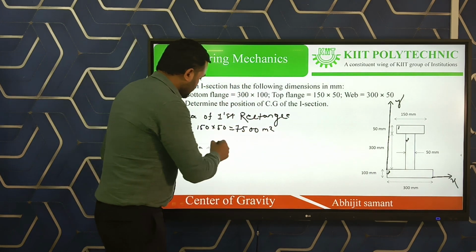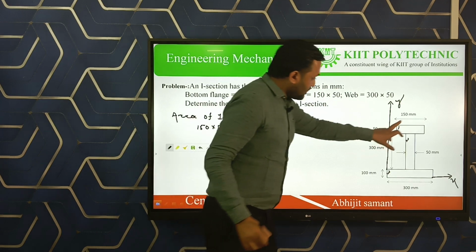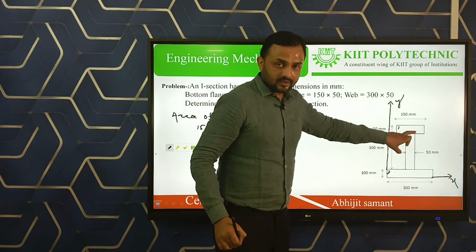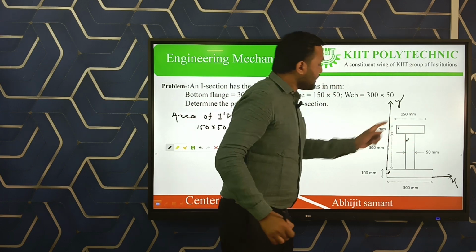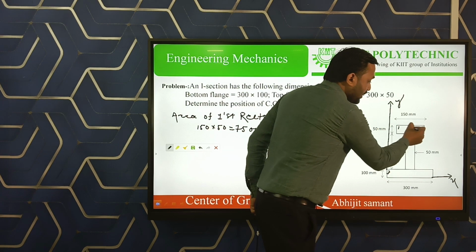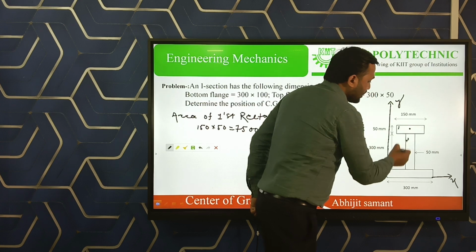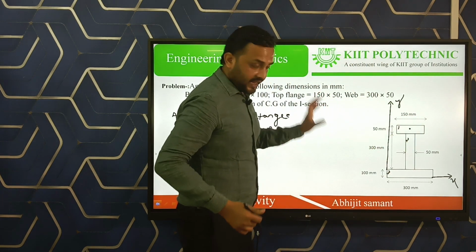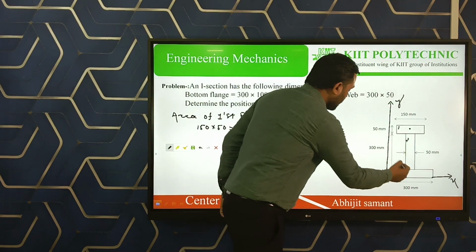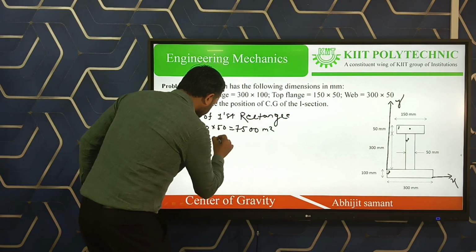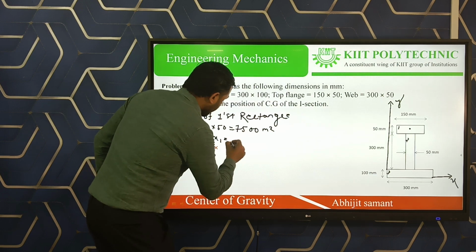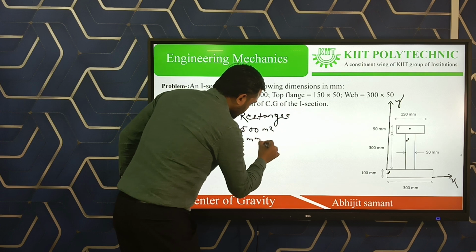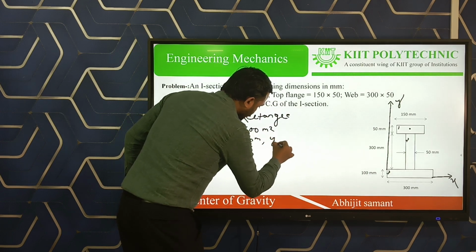And next we have to find out the x1 and y1 for the first rectangle, that is your x bar or y bar. For the first rectangle, x1 is the distance from the y axis. So the center point of the first rectangle from the y axis is known as x1. What is the value of x1? X1 is your 150 mm. Next y1.